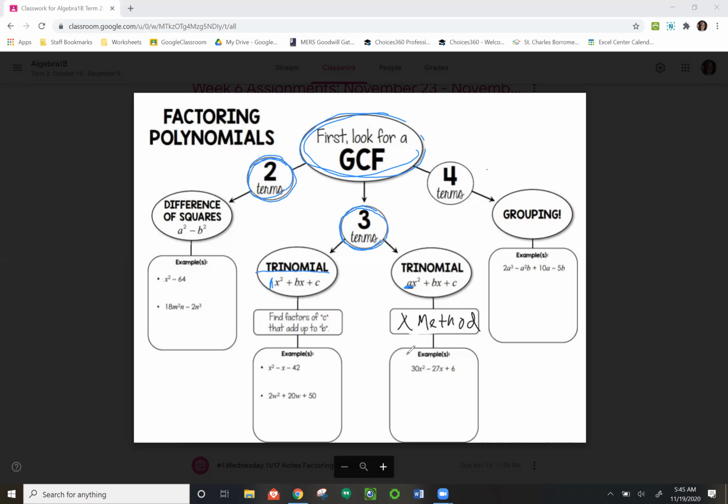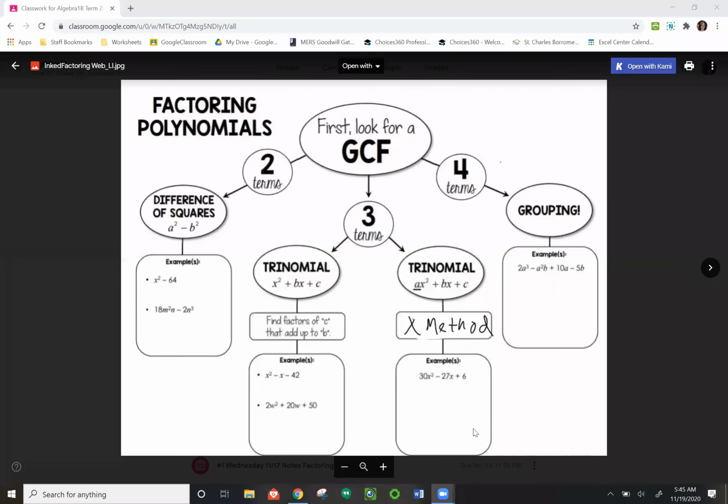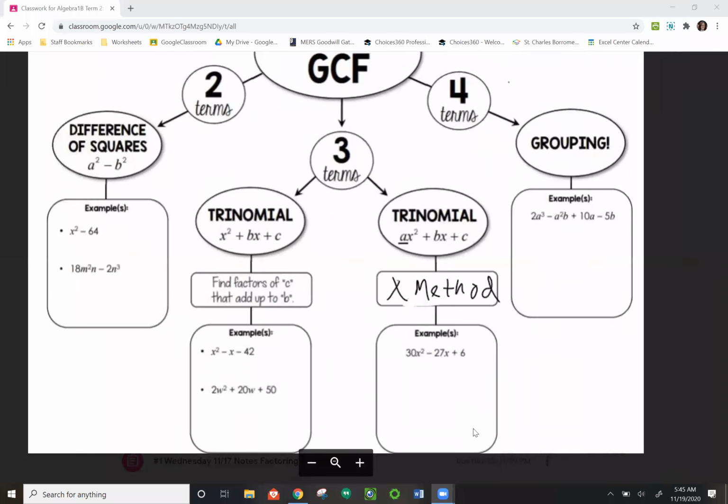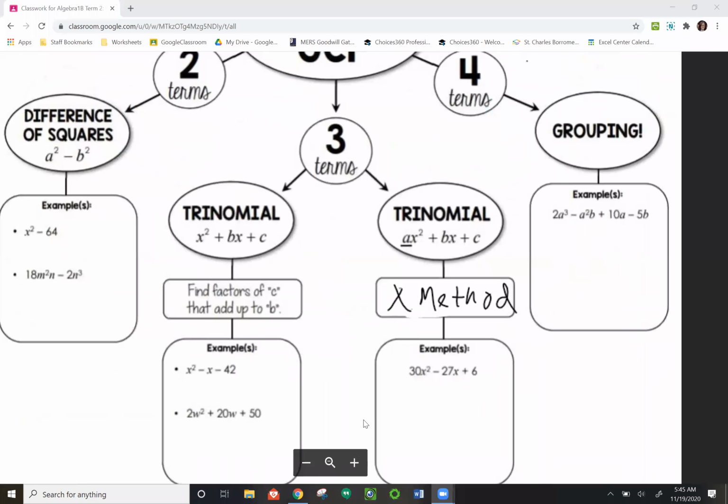Okay, looking at this example over here, let me make this a little bit bigger. The first thing you always want to do is ask yourself if there's anything you can factor out of 30, 27, and 6. And yes, you can factor out a 3 from all of those.